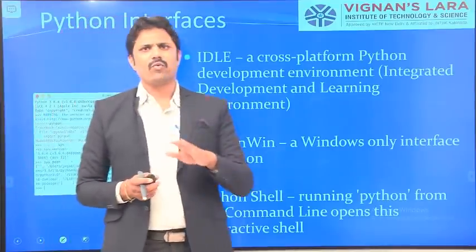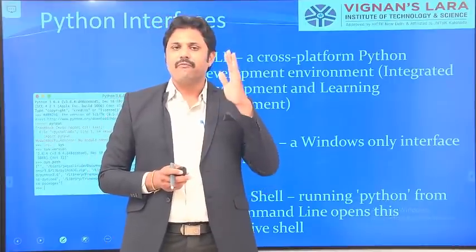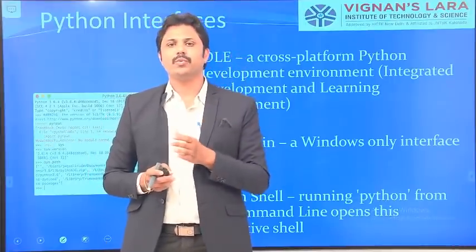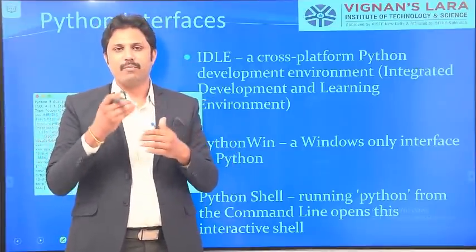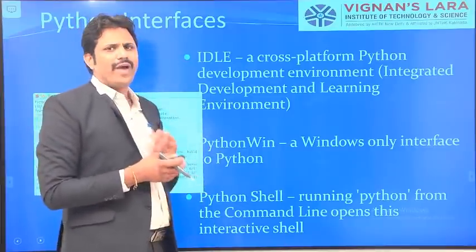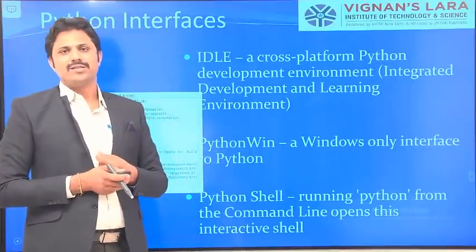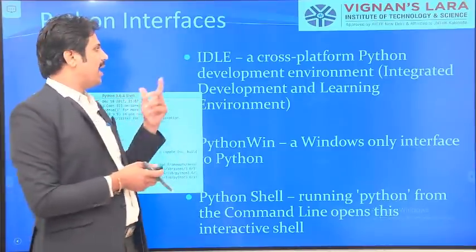Now we are at Python 3.8.3. From 1991 till today, we have had different versions, different updations, and different progress in the Python programming language. Let us see where you can write Python programs. We have three basic platforms to run Python programs.